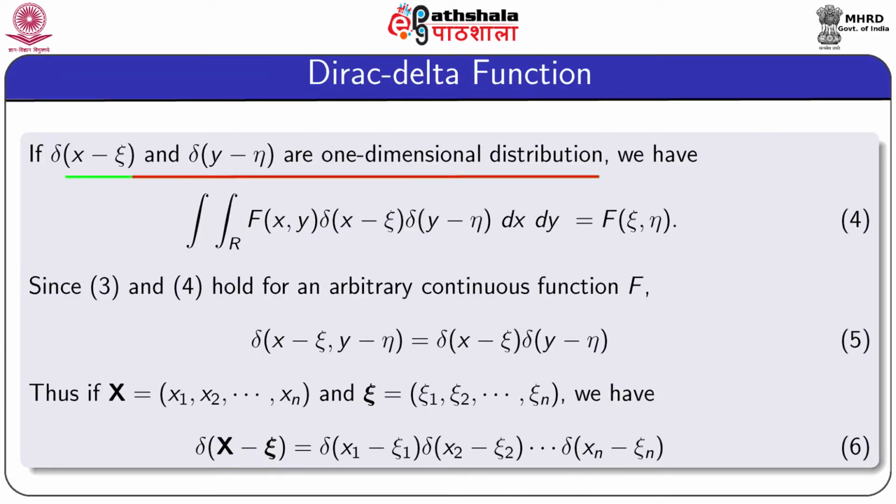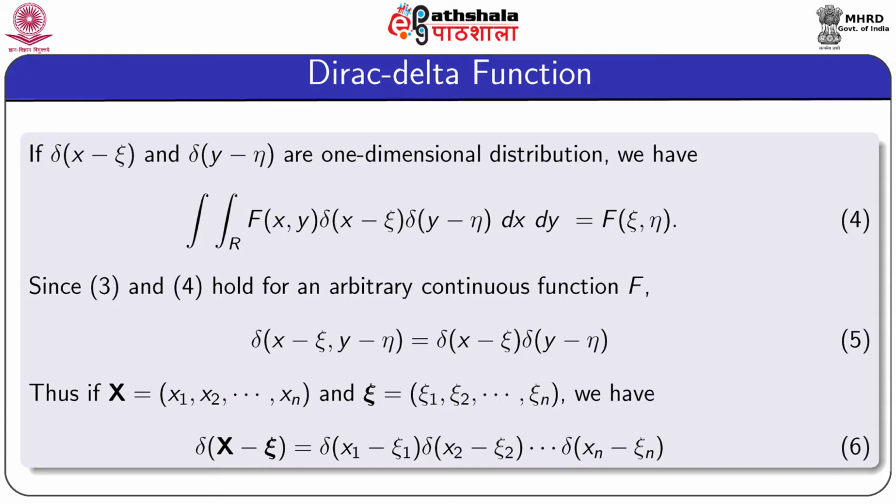Suppose delta(x minus xi) and delta(y minus eta) are one-dimensional distributions, then we can prove that the integration of f times delta(x minus xi) times delta(y minus eta) dx dy is equal to f(xi, eta).